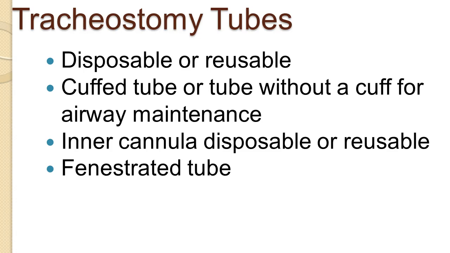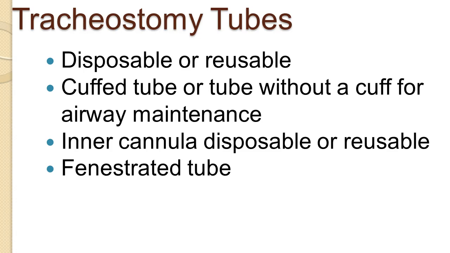There are new policies that have been implemented with tracheostomy care. I'll just give you general suggestions on how to care for these, but we've come a long way as far as tracheostomies.